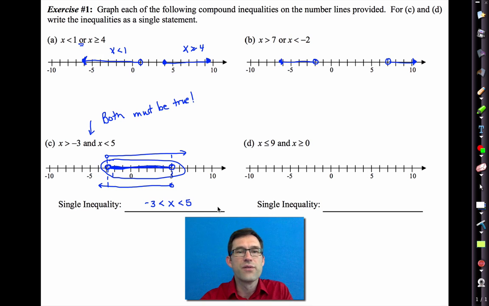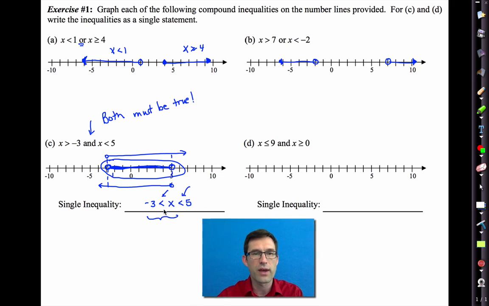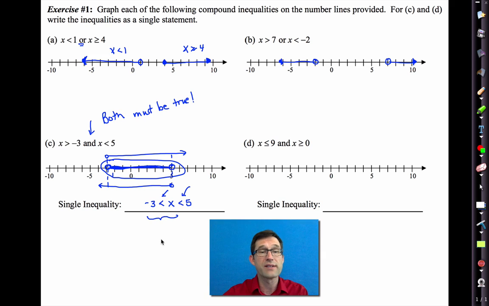This is something that can confuse students for years and years, so the sooner that you get comfortable with it, the better. Really, this is just saying that x is greater than negative 3, while at the same time, x is less than 5. Notice they're both less than symbols. Very often, teachers will read this as x is greater than negative 3 and less than 5. But again, notice both less than symbols.